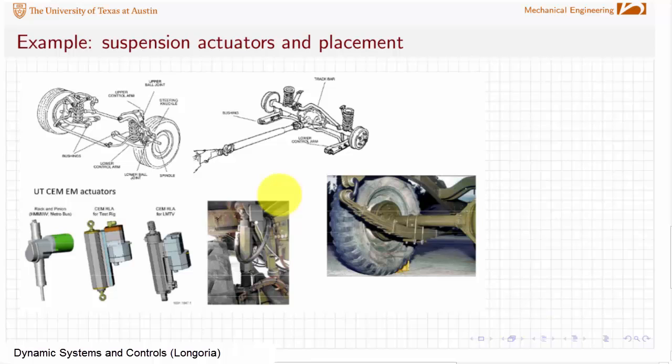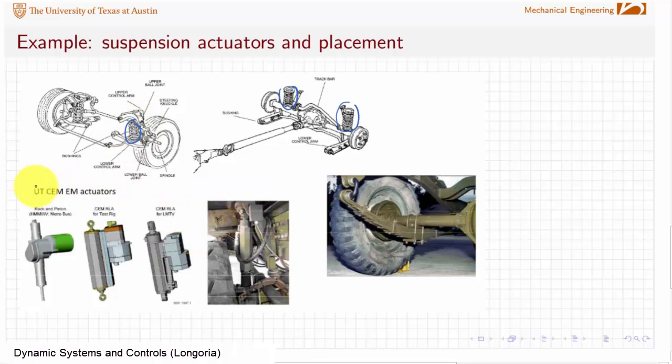So I've pulled in a couple of different pictures here. Some of you may be familiar with suspension placements and actuators, and where you might put actuators, given some understanding of suspension geometries. I'm just showing here a typical independent suspension. Here, this shows a solid axle suspension, but the idea again is you want to put your actuator in place of these elements here and here, as we've already discussed.